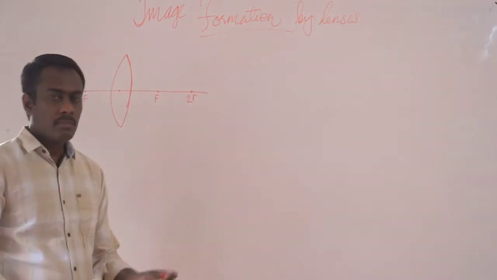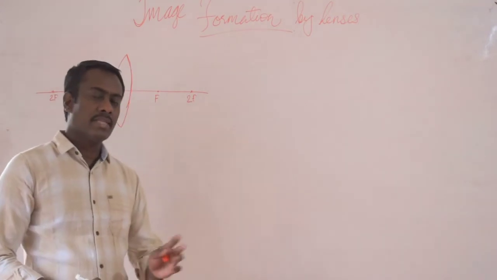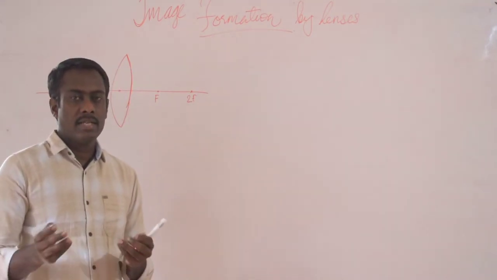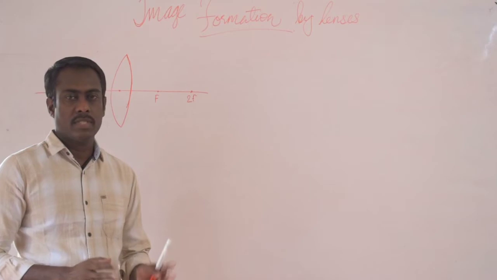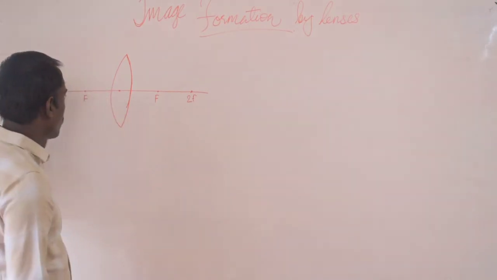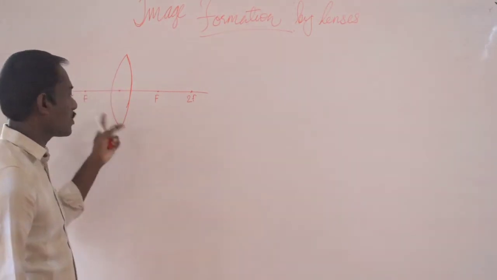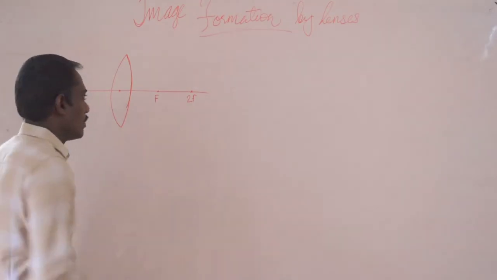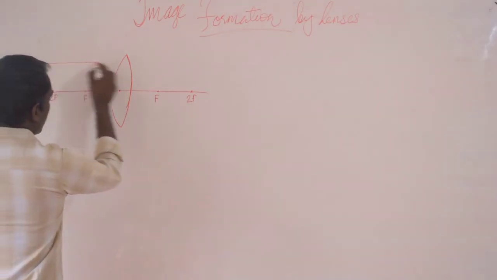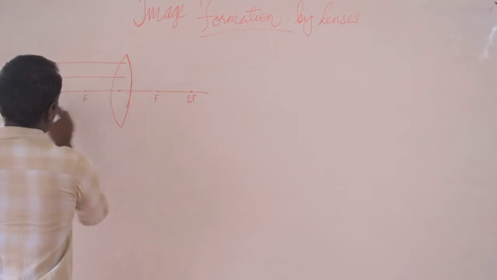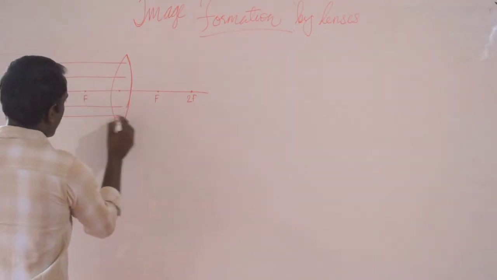Here, assume that the object is at infinity. So, the light rays coming from the infinite object will be almost parallel to the principal axis of the convex lens. So, the incident rays are almost parallel to the principal axis.